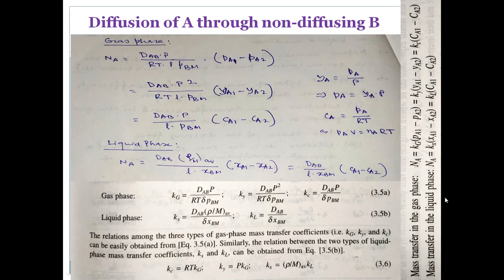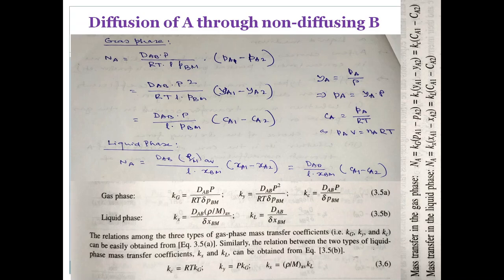Now for liquid phase, NA equal to Kx into x1 minus x2, so Kx equal to DAB rho by M average by delta xBM, and KL equal to DAB by delta xBM. So we got now the expressions of the mass transfer coefficients kg, ky, kc, kx, kL.